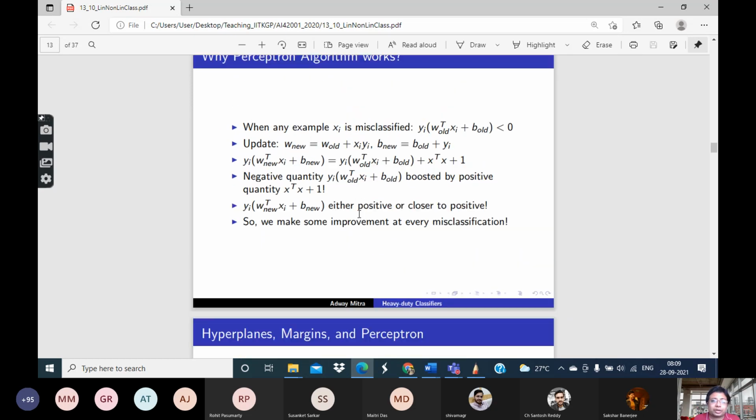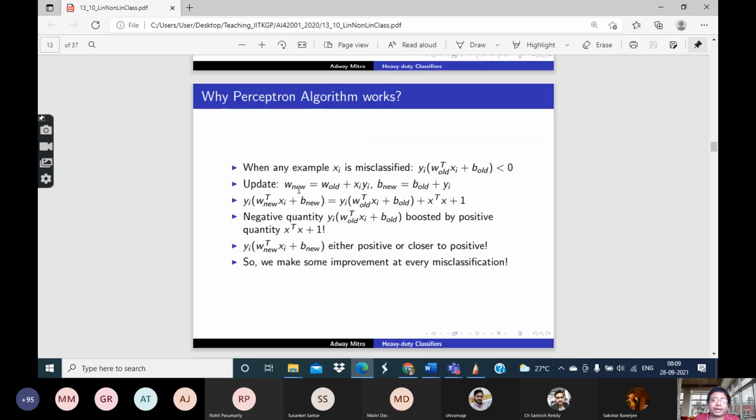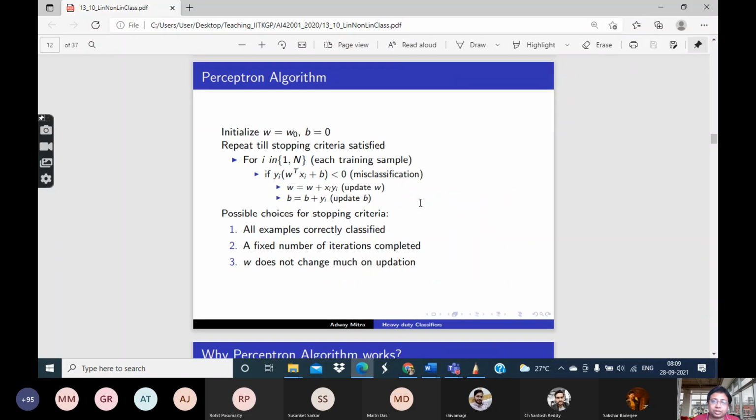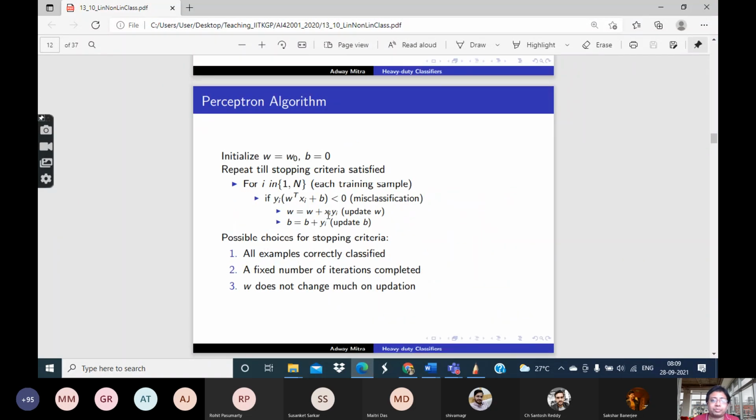We also saw some guarantees, or some intuition, about why the perceptron algorithm works. In response to one question yesterday, we saw what the benefit is of updating the linear structure whenever we make a mistake.